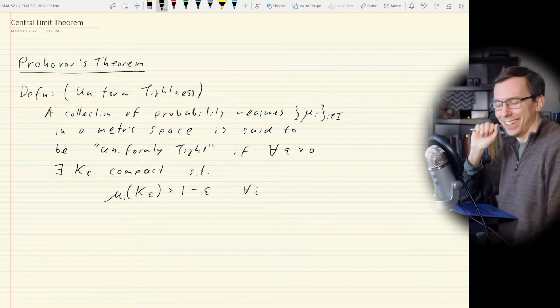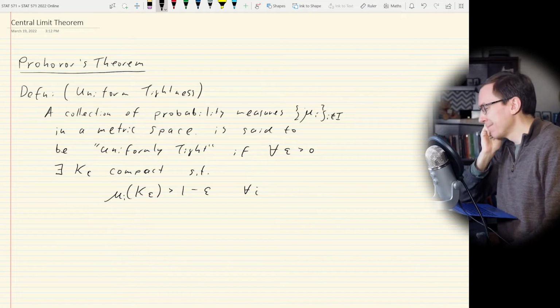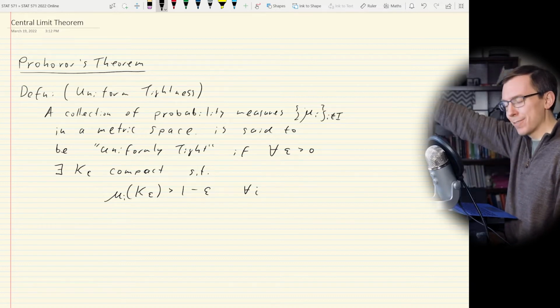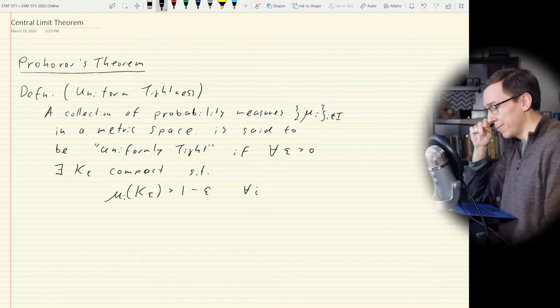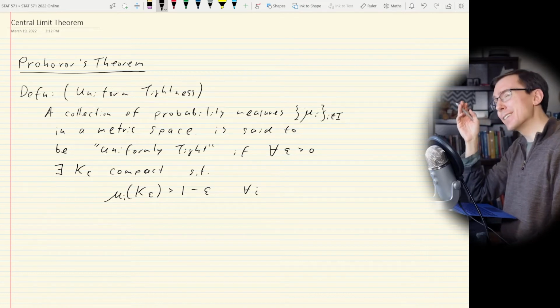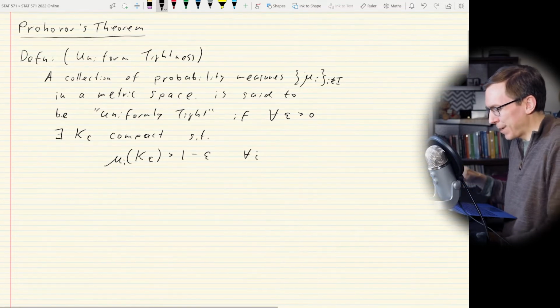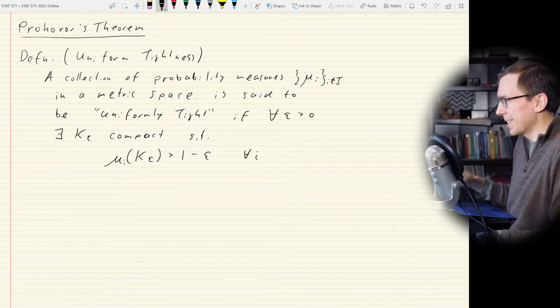If mu_i is just a Gaussian distribution, we can't have the means run off to infinity, then it wouldn't be uniformly tight. But if the means are bounded and I guess the variances are bounded, then it should probably be uniformly tight. I feel like that should be a theorem. I'm not sure what theorem it is, but it probably is, or something very close to that.